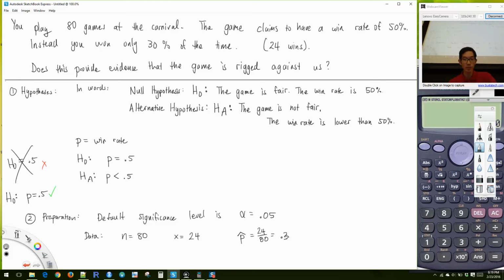And what else? This is not from our data, but what is the proportion stated in our null hypothesis? We call this P0. This is what we should be winning. We should be winning 0.5. So let me label this: p hat is our sample proportion, and 0.5 is the proportion in our null hypothesis.